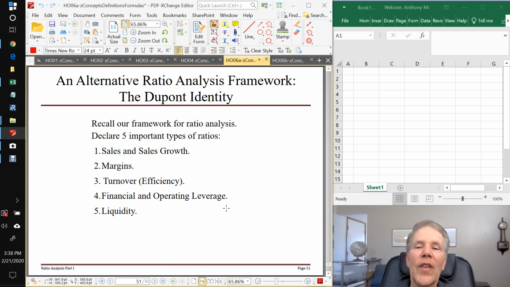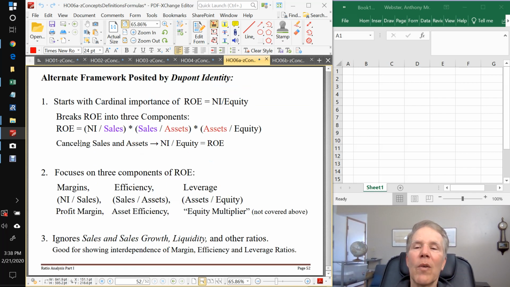Okay. And then we talked a little bit about our alternate framework, the DuPont identity. You do need to know this too, okay? And instead of looking at our 5 various ways to think about ratio analysis, it thinks about 3.